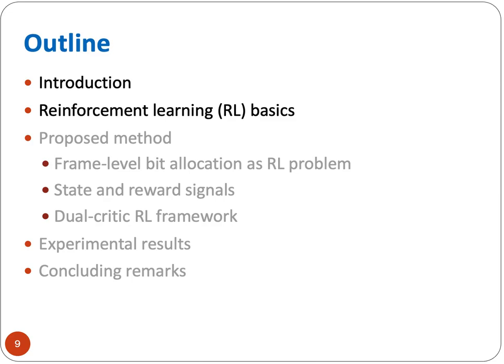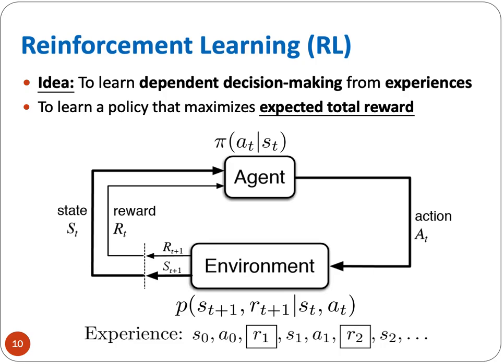Next, we move to reinforcement learning basics. This is the basic setup of reinforcement learning. It involves an agent and the environment. The agent is the one that we hope can learn to do the decision making for us.